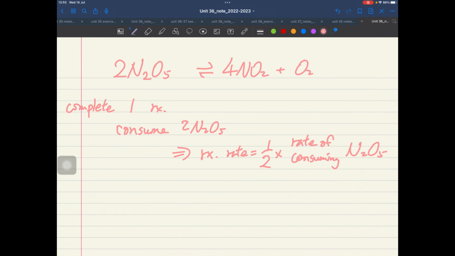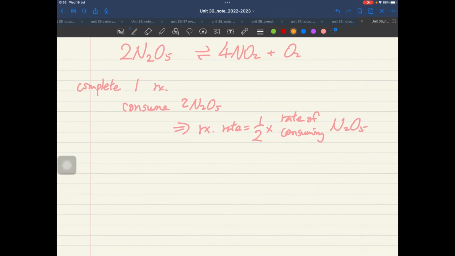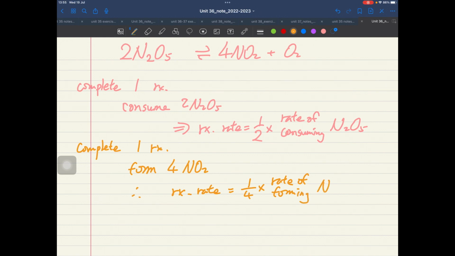And we can go further. So what about in terms of NO2? When you complete one reaction, you will form 4 NO2, right? So the reaction rate will be only a quarter of the rate of forming NO2.